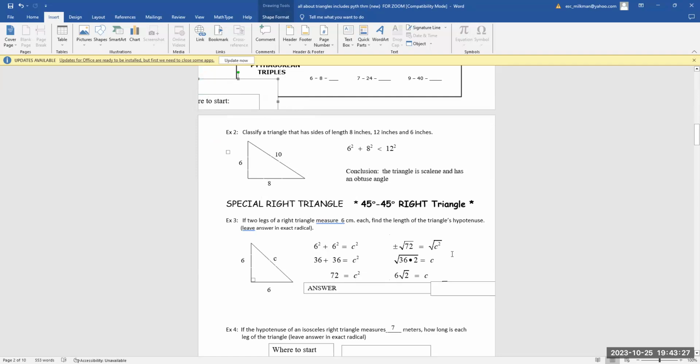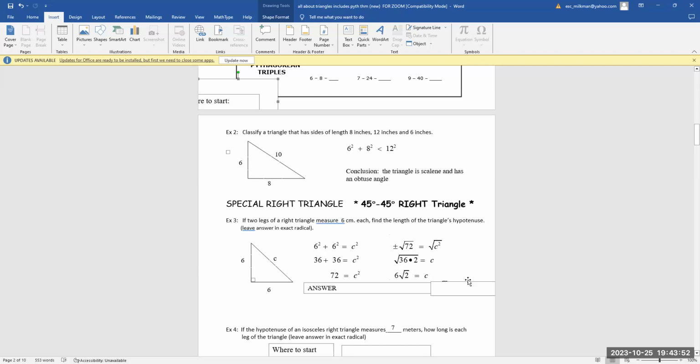But I do understand, because this is a triangle and I'm in geometry now, that I can't have a negative length. So I do put the plus or minus, but then I ignore it and I only consider the positive. Simplifying 72 into 36 times 2, the square root of 36 is 6. My final answer for c happens to be 6 radical 2.